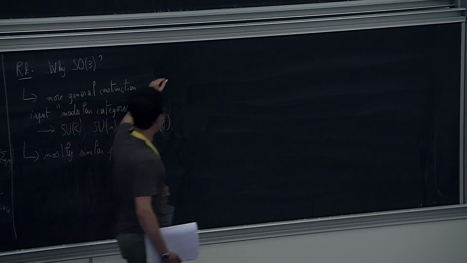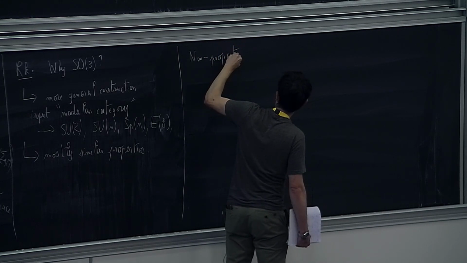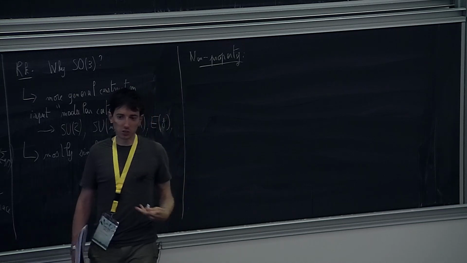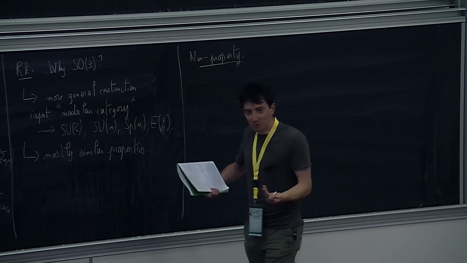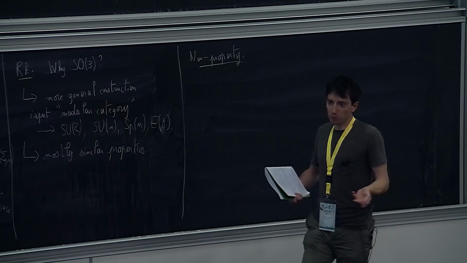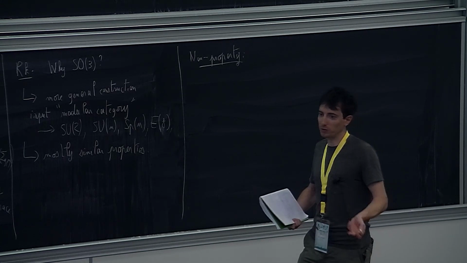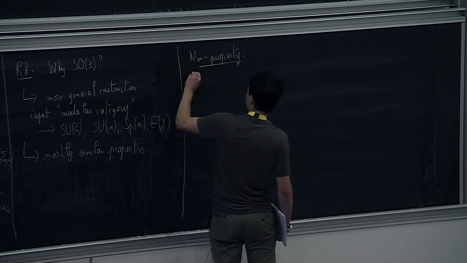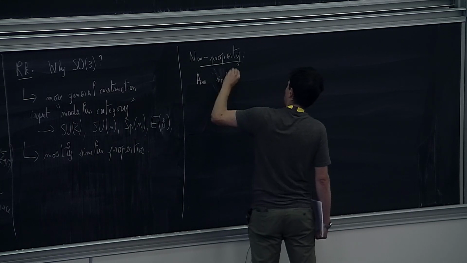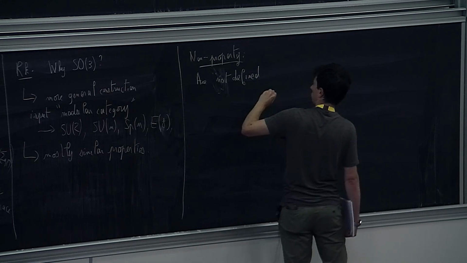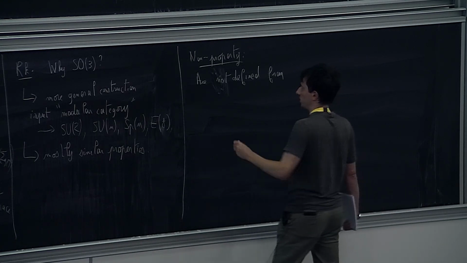Okay, so I'm supposed to talk about properties, but the first thing I will talk about will be a non-property. Some property that those representations do not have. And this might disturb Andy, because Andy told us that when you want to show that a certain property is satisfied by the mapping class group, you want to extract it from an action of the mapping class group on a nice space. And here, those do not come from that. They are not constructed using an action of the mapping class group or a diffeomorphism group on a nice space.